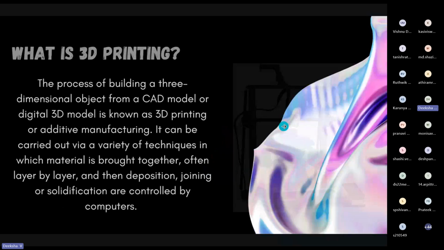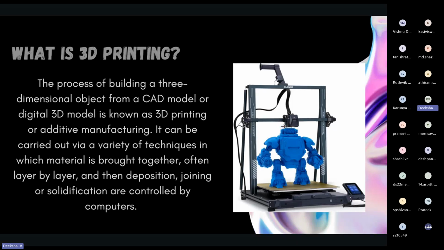So, what is 3D printing? 3D printing involves creating a 3D object or a model, usually a CAD model or a digital 3D model, using software like Fusion 360 or Blender. And once this model is created, we convert it into an actual solid model by layer deposition.